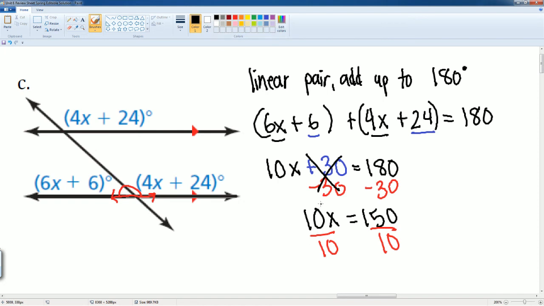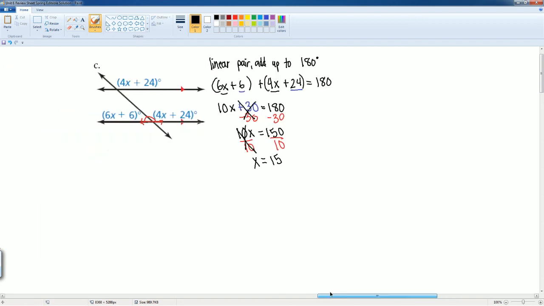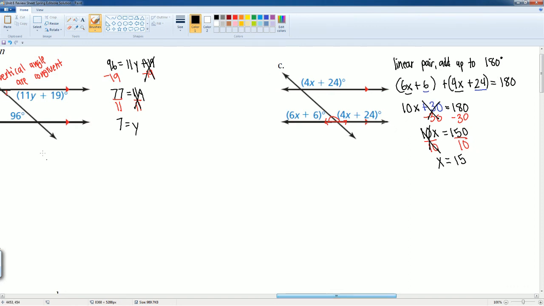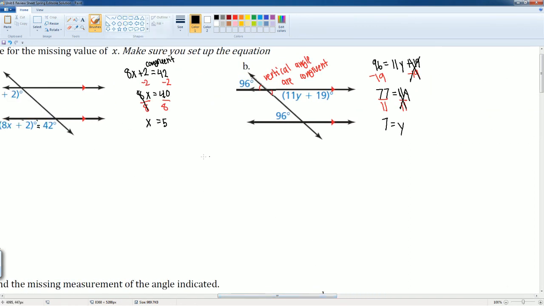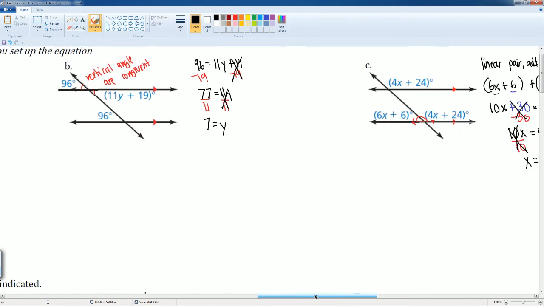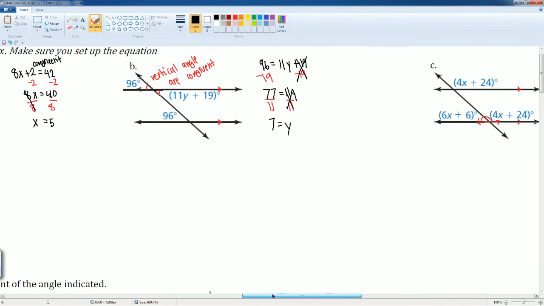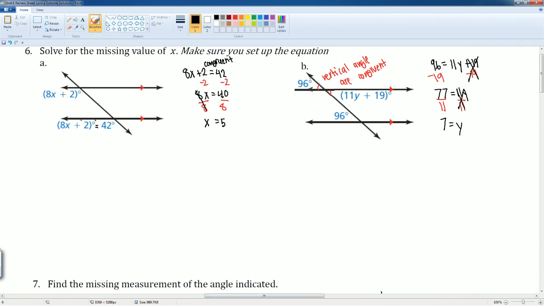This cancels, leaving you with x equals 15. All right, there you go. You just solved it. So notice that we have to make sure we set up our equations based on our properties. Are they congruent? Are they vertical angles? Or are they linear pairs? There you go. That is number 5 and number 6.